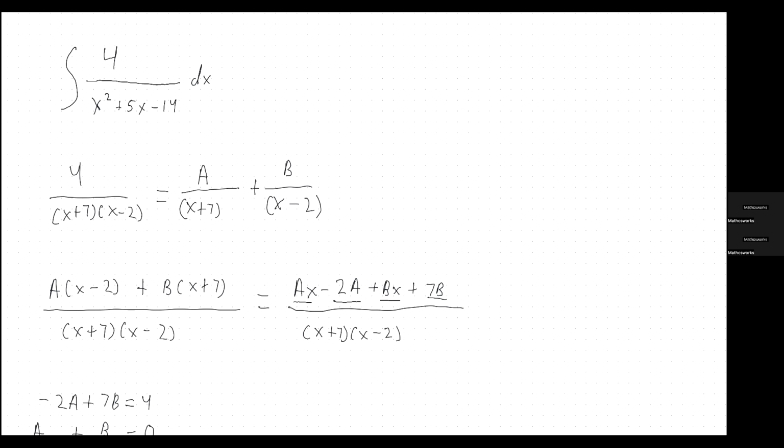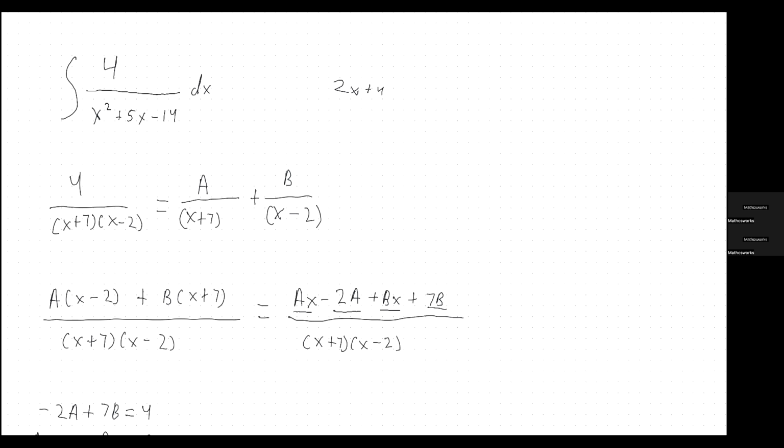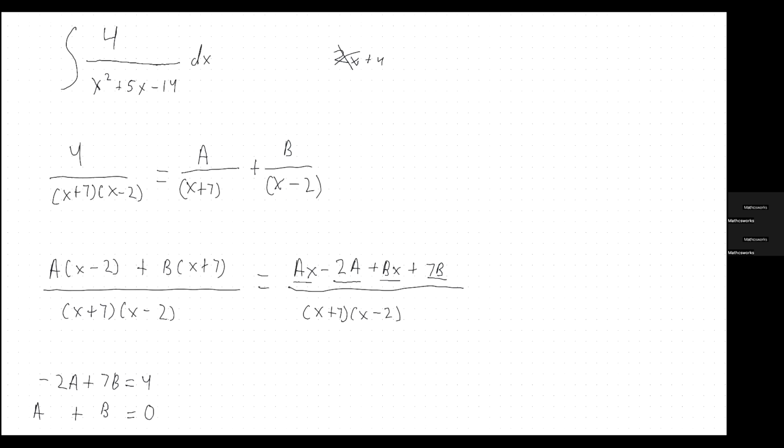But if it was something like a 2x plus 4, then we would set the Ax plus Bx, or later on A plus B, to equal 2. But since we just have a 4, just a constant, the Ax plus Bx just equals 0 because there's no value it corresponds to.